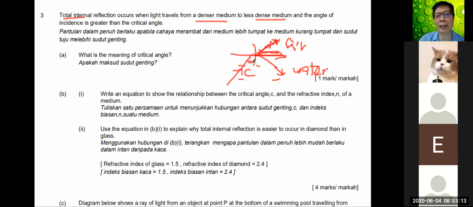Critical angle means angle of incidence where the angle of refraction is 90 degrees. So I told you just now, you follow here, right? This angle 90. So when this is critical angle, the angle of refraction becomes 90 degrees. Okay, when following here, exactly this is C. When bigger than C, it comes back, total internal reflection. Okay.